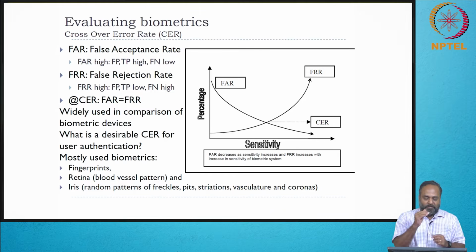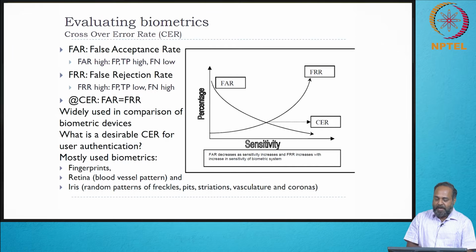Okay. So, the false negatives go down, but the false positives go up. So, you can see that trade off, that is what is compared here, FAR and FRR, they stand for false acceptance rate and false rejection rate. When you increase FAR, your FRR actually is low, when FRR goes up, FAR goes down.